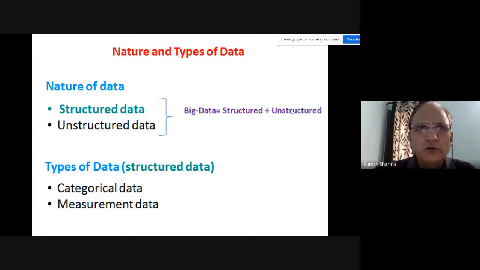Now, people also talk about these days big data. Now, big data is, in most of the times, basically a combination of structured and unstructured. Some part may be structured, some may be unstructured, right? For example, people put a lot of comments on Facebook, and after a while, we know the person's nature and his interest.